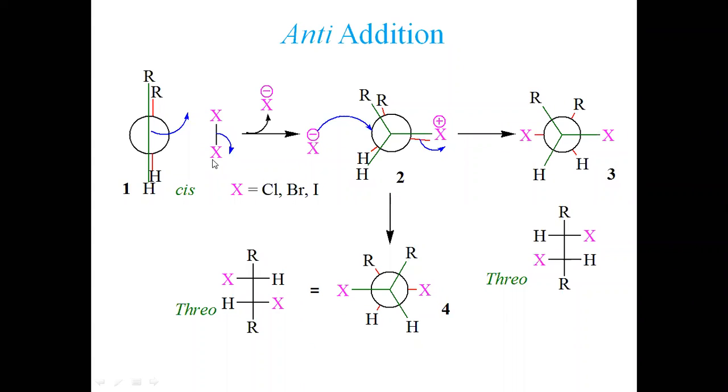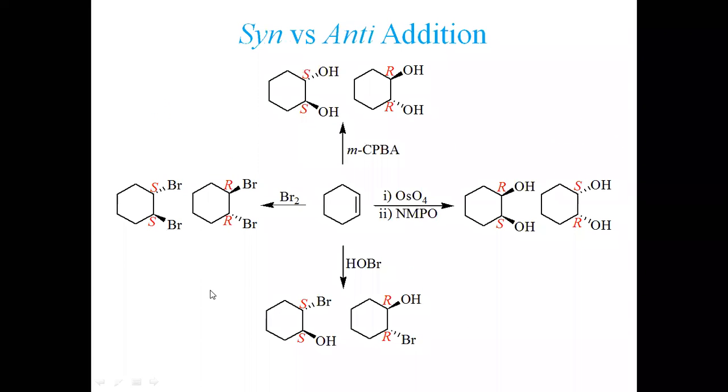These may be different. So this is one example in which you have come across that both of these two are unequal. One is OH, the other is Br. But whenever they add, they shall follow the anti-addition. The mechanism is the same for these three: with MCPBA, with halides, and with hypohalous acids.